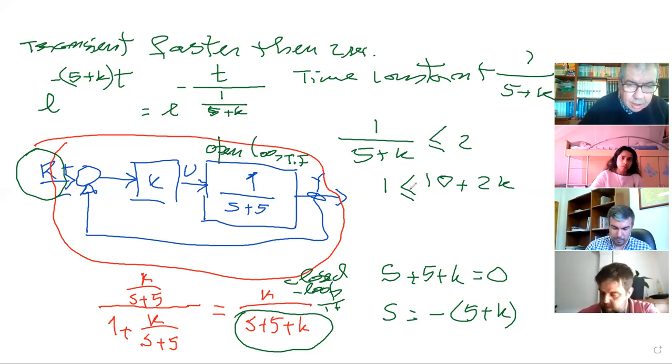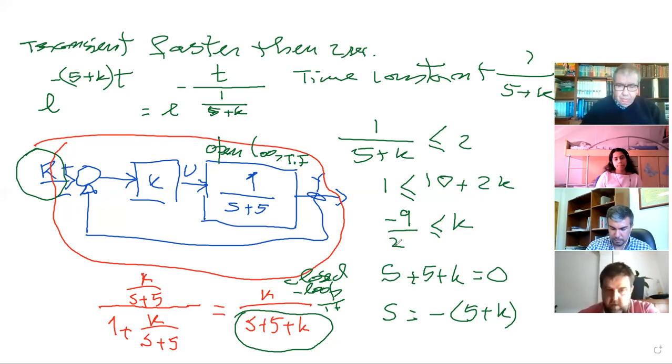Now minus 9 divided by 2. So K should be bigger than minus 9 divided by 2.